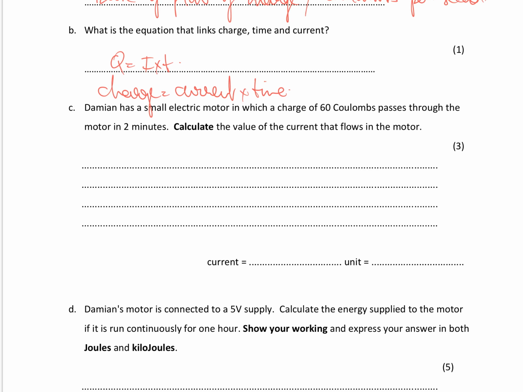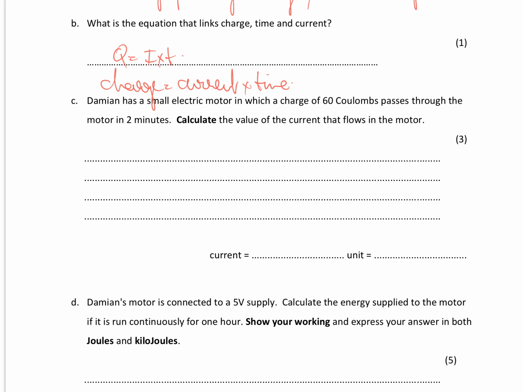Good. Damien has a small electric motor in which 60 coulombs pass through in 2 minutes. Calculate the value of the current, for 3 marks. Good. So let's go for this then. I want to calculate the current. So I is equal to Q over T, because if Q equals I times T, then all I've done is move the T to the underside. Good.